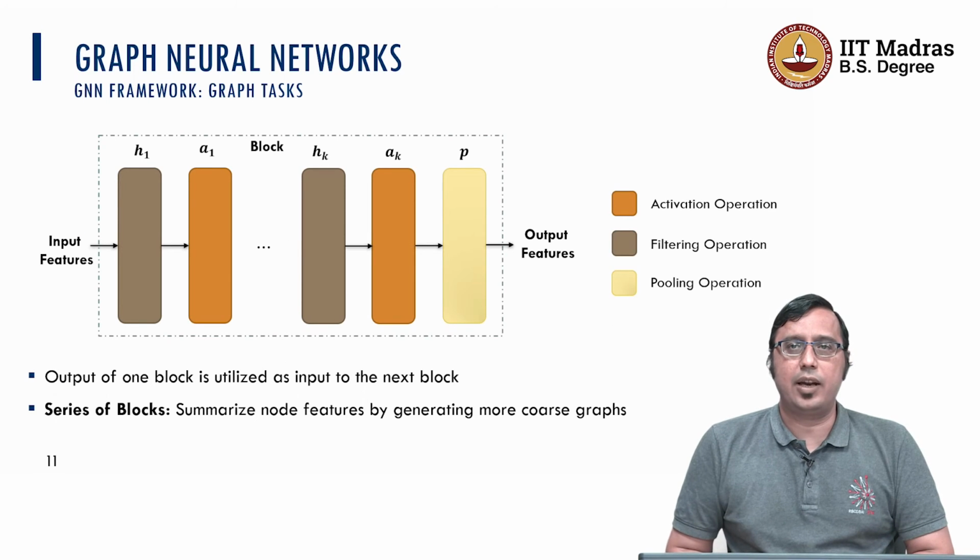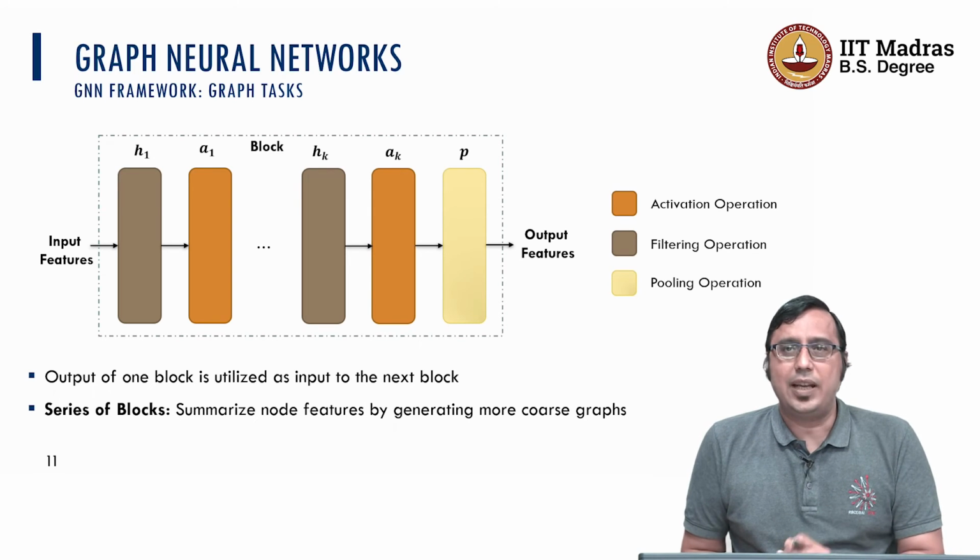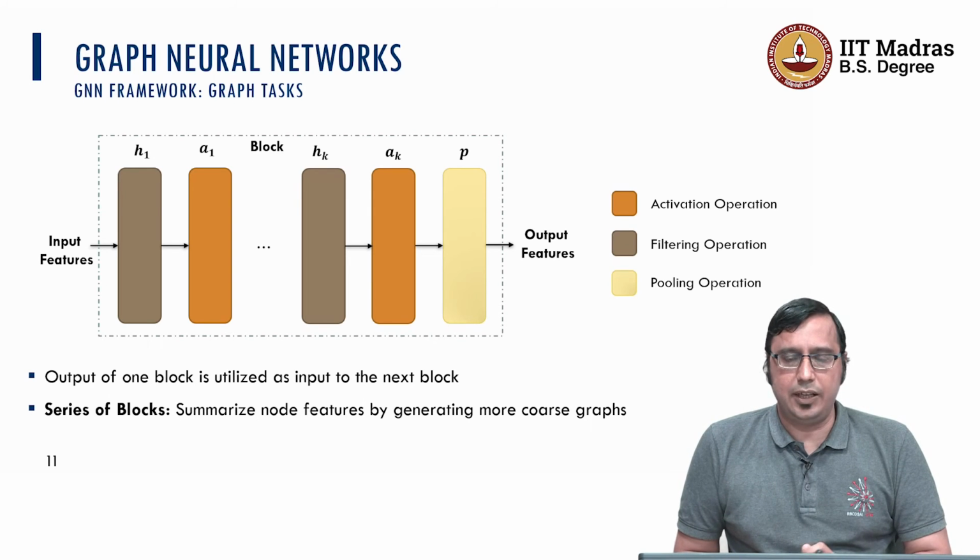So let's look at a graph task. How can we summarize the graph related task in terms of filtering operations, activation layers, and the pooling layers.